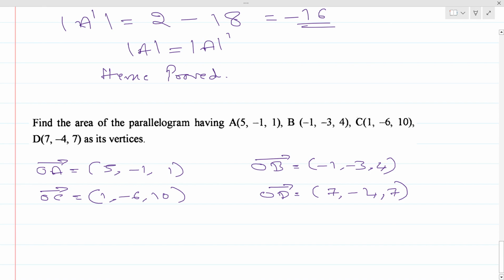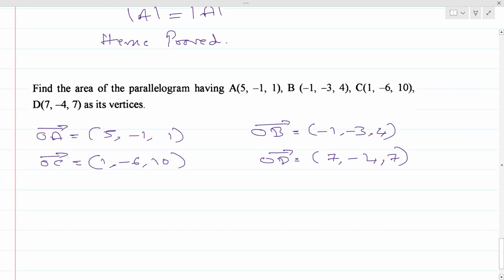So we are finding the vectors AB, AC and AD.